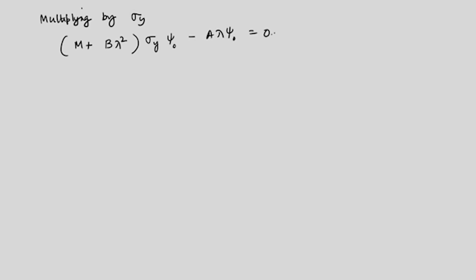Now, you see this becomes simple because psi 0 is an eigenfunction of sigma y, which is known. Sigma y has eigenvalues plus or minus 1. So, if you solve for lambda, lambda comes out as 1 over 2b times a plus or minus the square root of a squared minus 4bm.